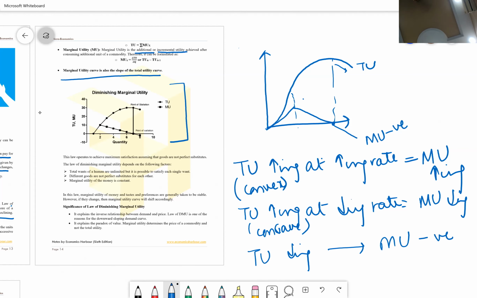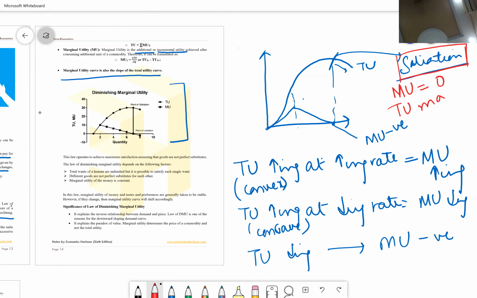The point where total utility is maximum is called the point of satiation. Okay, so at the point of satiation, I'll just highlight this, your marginal utility is equal to 0 and your total utility is at its maximum point. Okay.